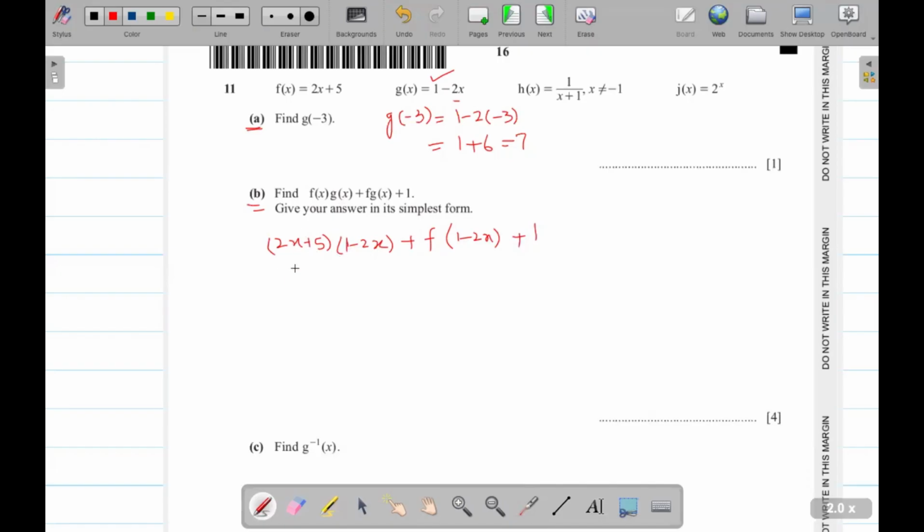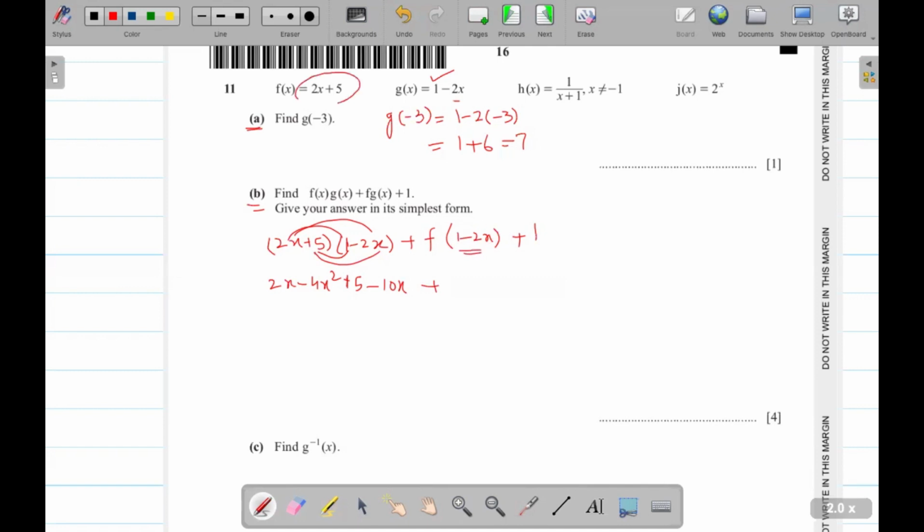We get 2x minus 2x is minus 4x squared, and 5 into 1 is plus 5, and plus 5 into minus 2x, this will be equal to minus 10x, plus f of minus 1 minus 2x.